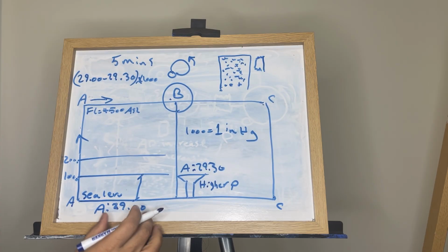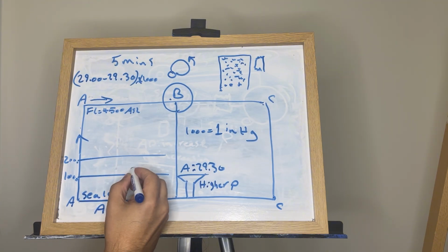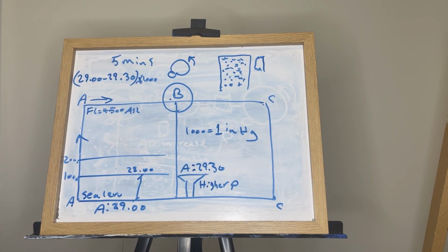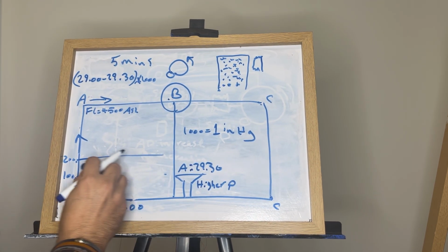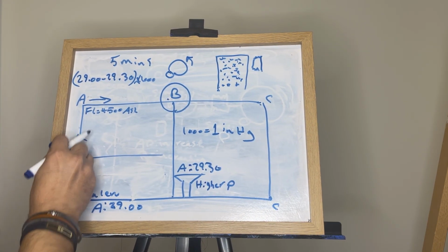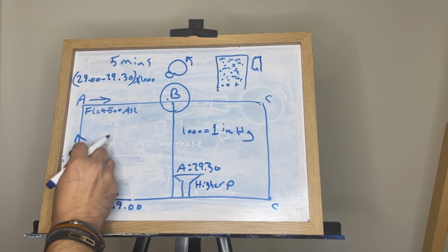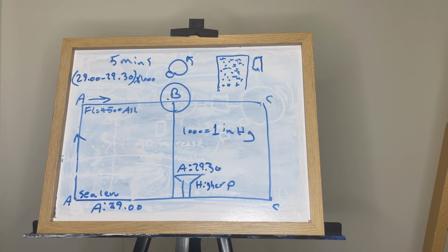So that is why we need to multiply by 1000 feet to calculate how much the altimeter shows increasing or decreasing.